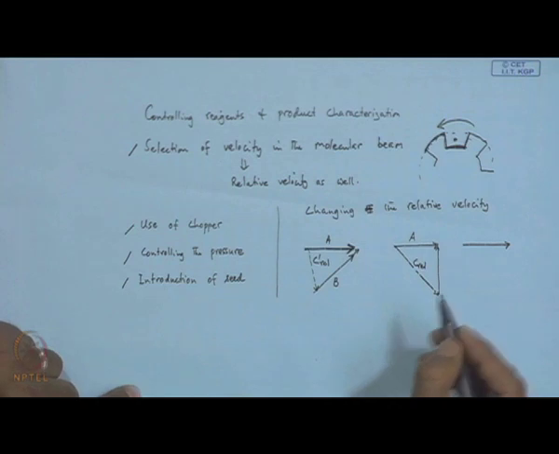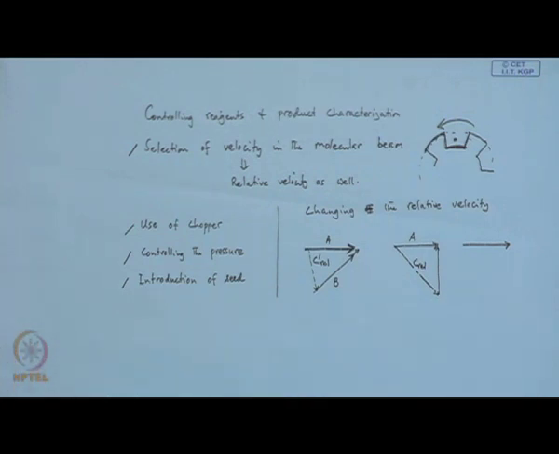So you can change the relative speed by changing the angle between the two beams, that is the angle of intersection.